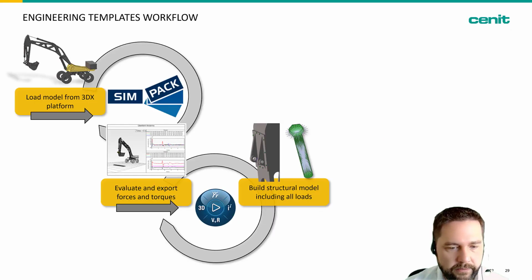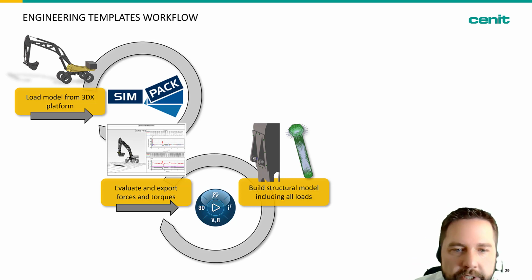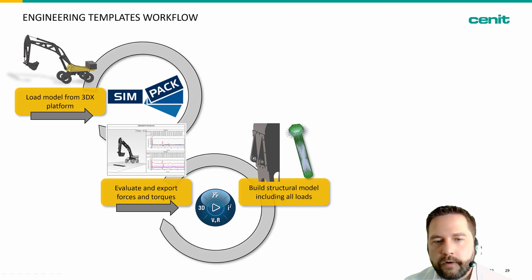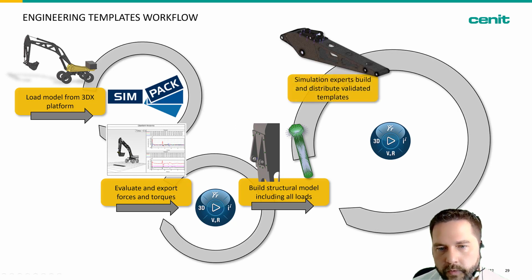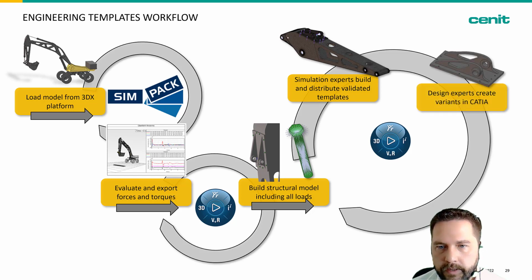Just as a reminder, this is our excavator model, and you remember that we had some multi-body simulation done, and we evaluated all the forces and torques to the structural model, and there we can now do some strength evaluations. So a simulation expert will build up a model with all the bolts inside and everything inside to calculate the strength of the parts.